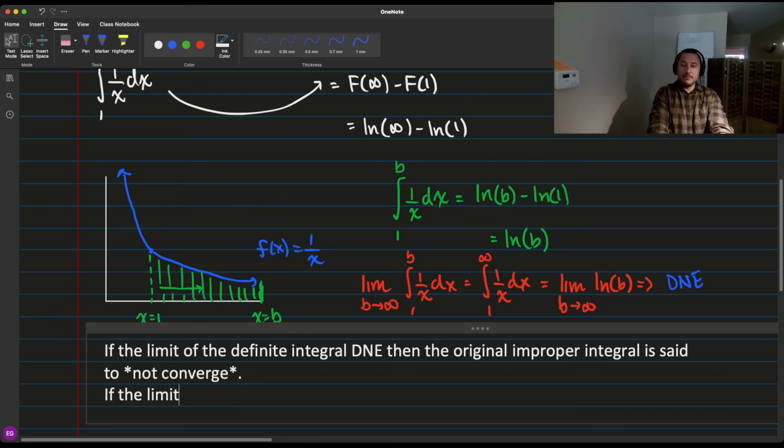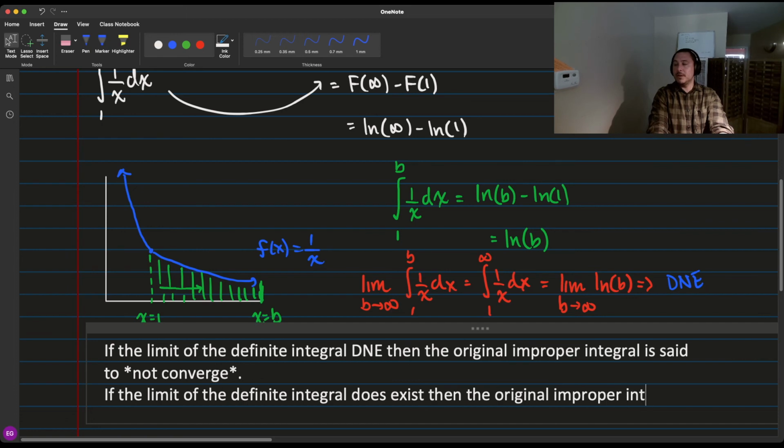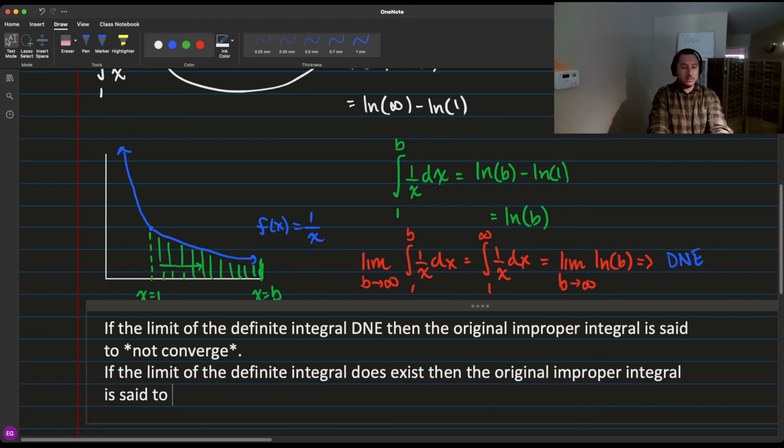But if the limit of the definite integral does exist, then the original improper integral is said to converge.